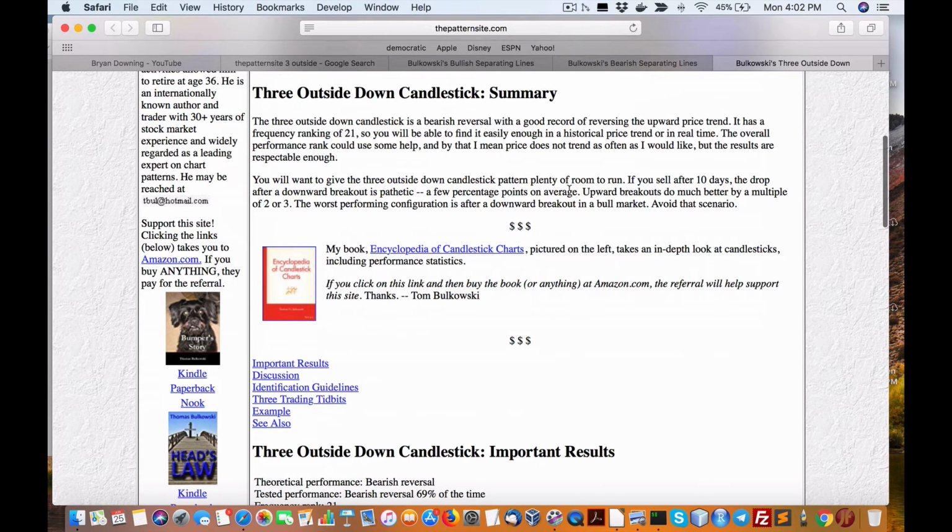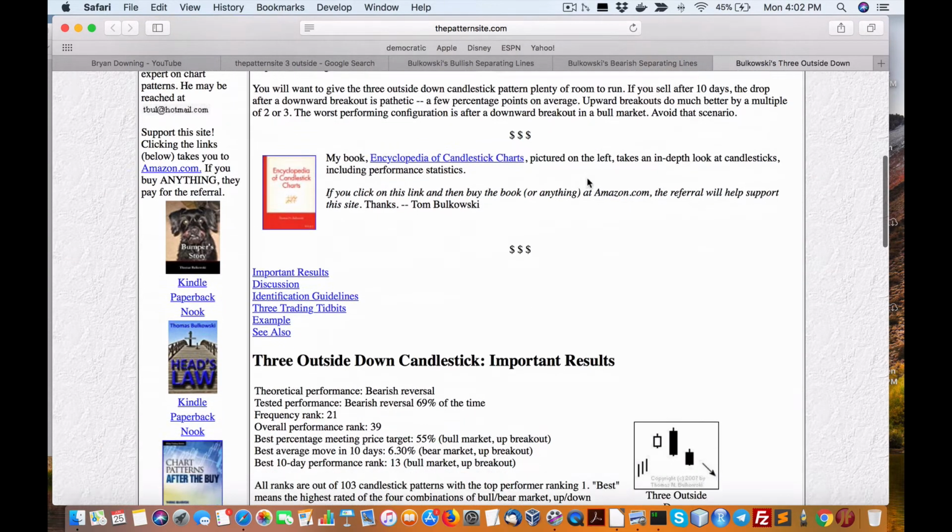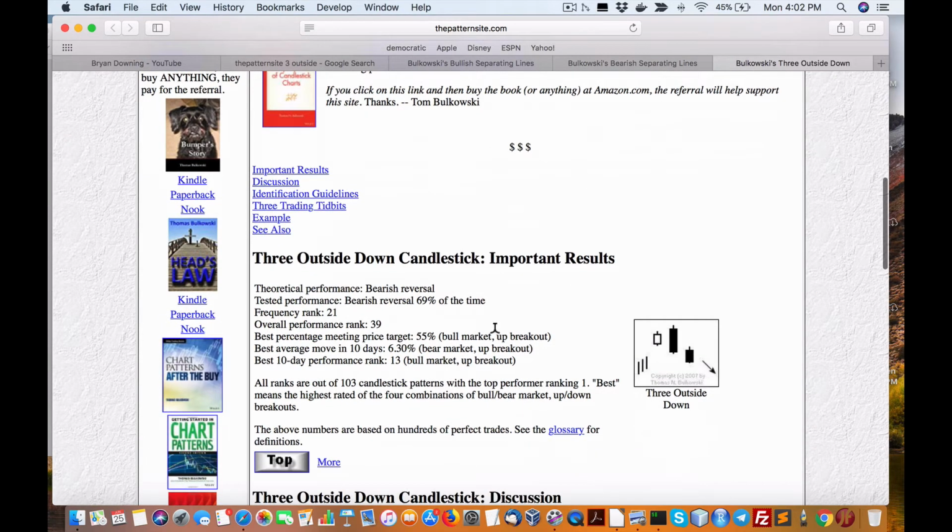Okay, so if you sell after 10 days, a drop after a downward breakout is pathetic. This does not look like it might mean anything. Frequency, overall performance rank, best performance meeting 55% of the time, bull market up breakout.